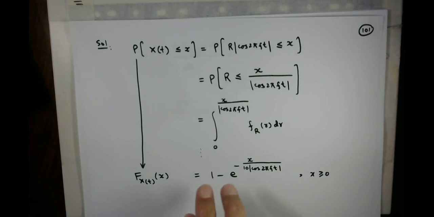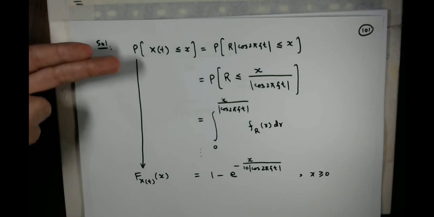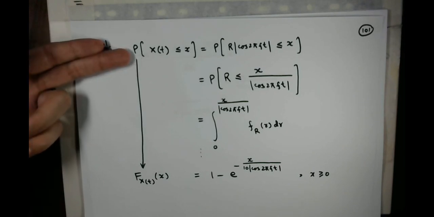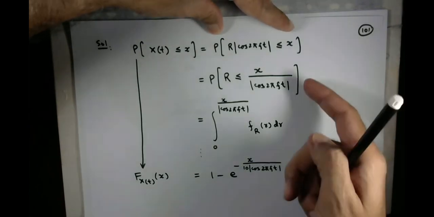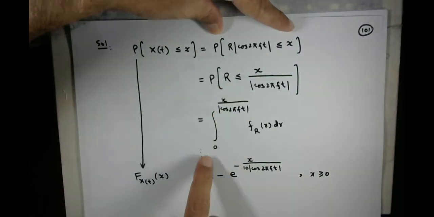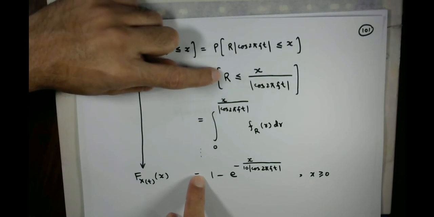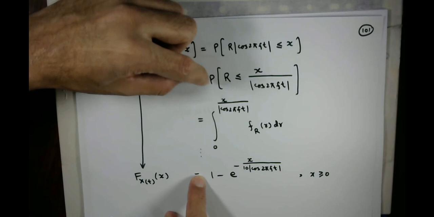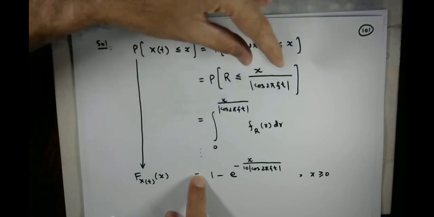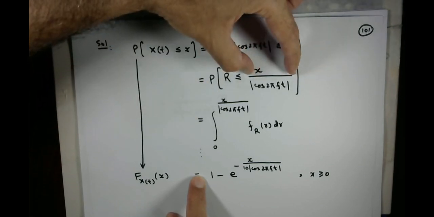As you know, in continuous problems, we start with the CDF and then differentiate the CDF to obtain the PDF. So we started off with the CDF like this. This is by definition the CDF, and then we placed r here, and then we integrated because this probability is from 0 till this value of r.